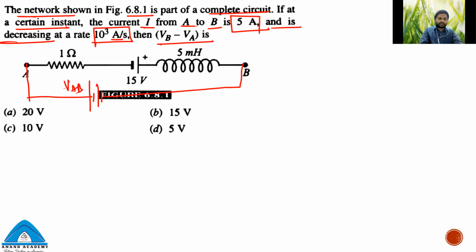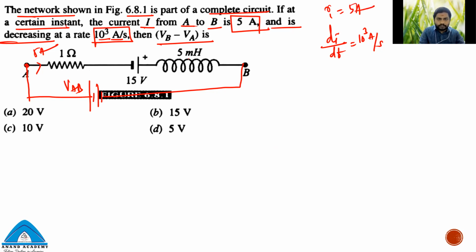Listen, an easy way to solve the circuit. According to Kirchhoff's rules, consider the voltage across this resistor. There is a 5 ampere current flowing, as they have clearly mentioned, and the current is decreasing at this rate. That means di by dt is given as 10 raised to 3 ampere per second, and the current flowing is 5 ampere, right?